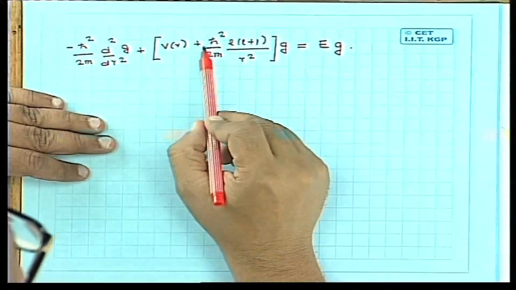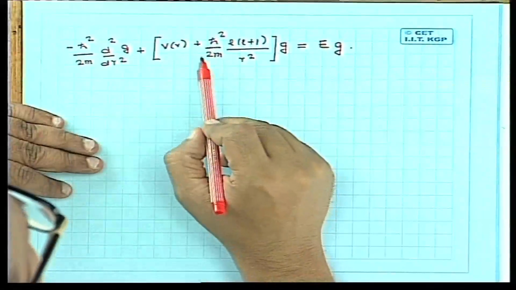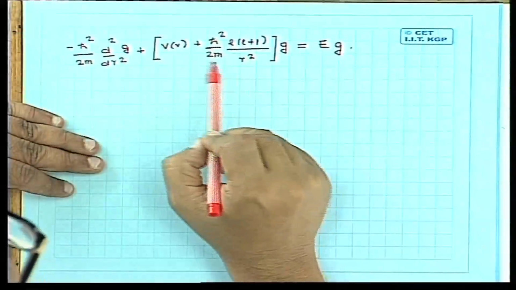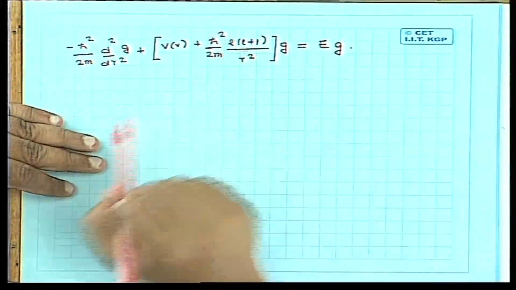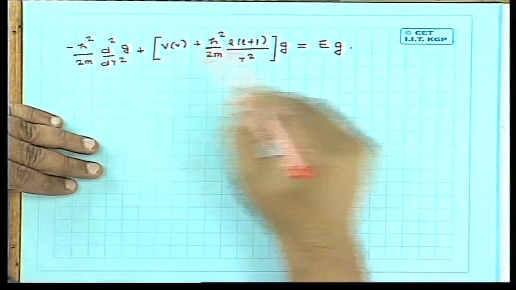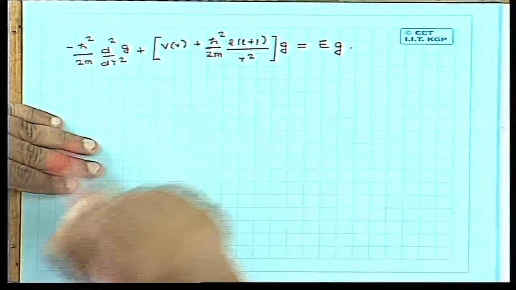The potential has this extra term over here, and you might be able to easily identify what this extra term is. This extra term is nothing but the centrifugal force which appears in classical mechanics. If a particle is going around in a circle, the L over here quantifies the angular momentum.